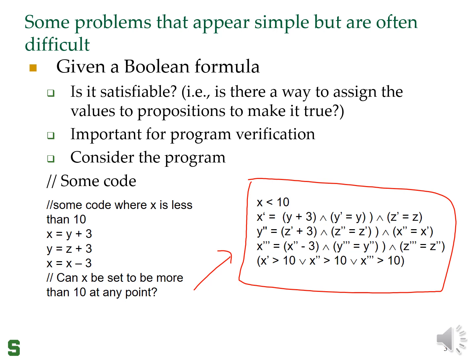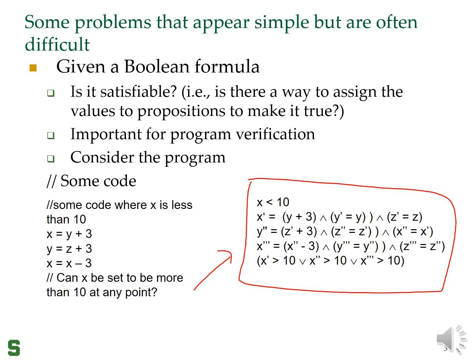We can assign x prime, y prime, x double prime, y double prime, etc. a value so that this formula evaluates to true. If it's not possible for x to be ever more than 10, then that would mean that this formula is not satisfiable. It will always be false.